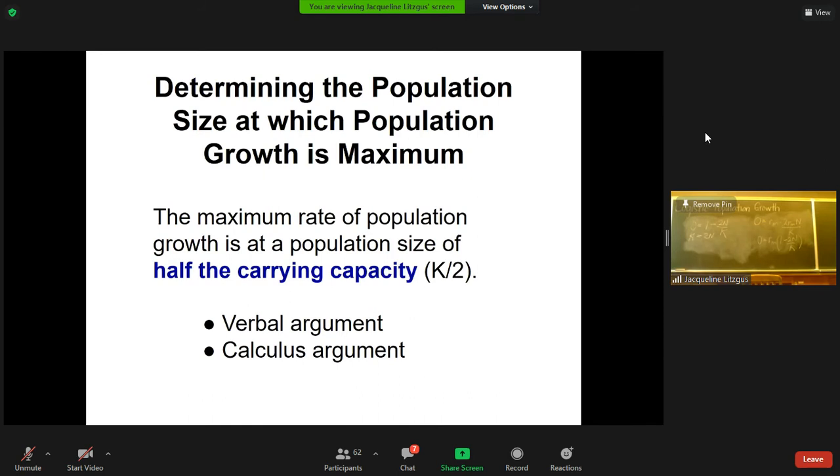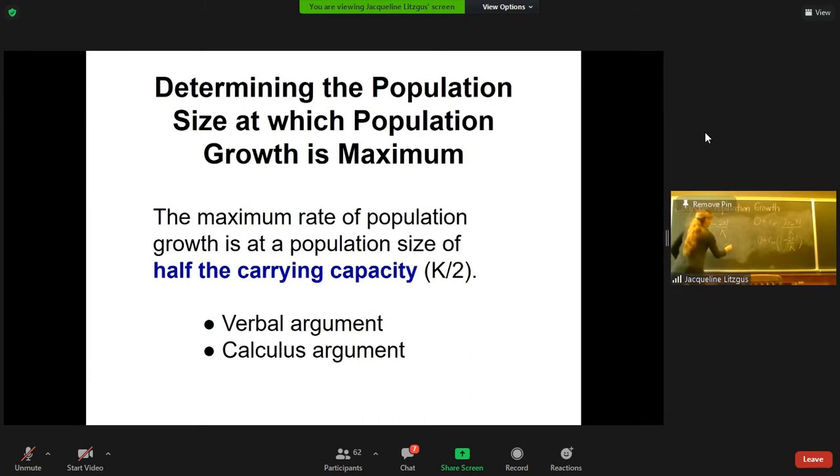But what we're after is the population size at which growth rate is maximized. Population size is this n value. We want to isolate that n, right? That's the population size. That's what we want to know. At what population size is growth rate maximized? So to be able to do that, if we want to isolate the n, we just divide both sides by 2, right? Okay.